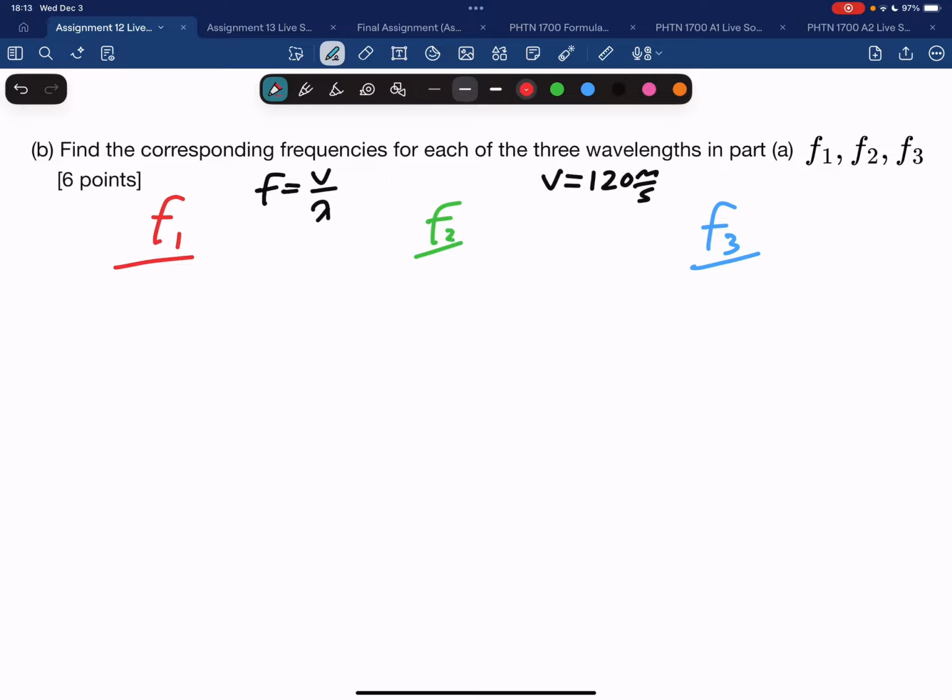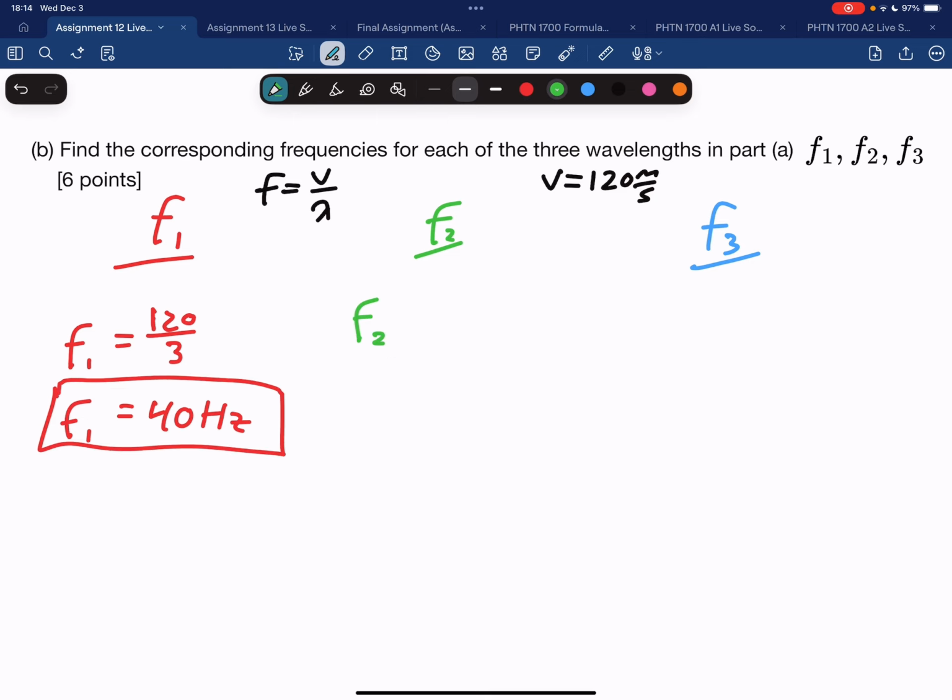So plugging in these values, I get F1 equals 120 over 3. And this is equal to 40 hertz. And that is the answer for that part.